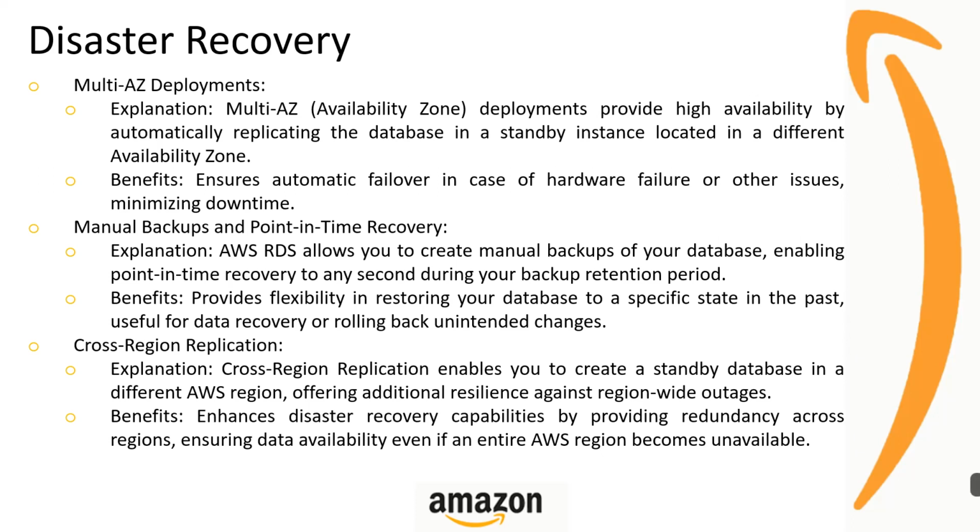So you can also manually take the backup, right? The benefit is providing the flexibility in restoring your data into a specific state in the past, useful for data recovery or rolling back unwanted changes.